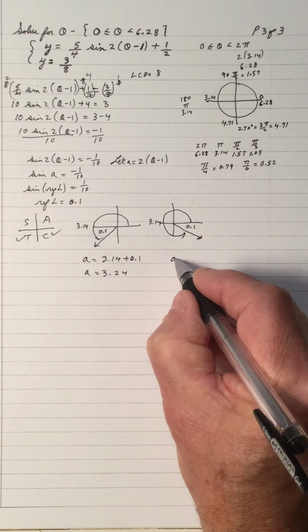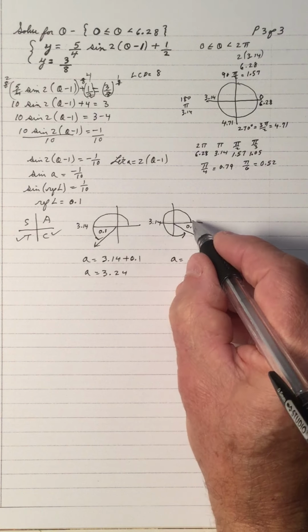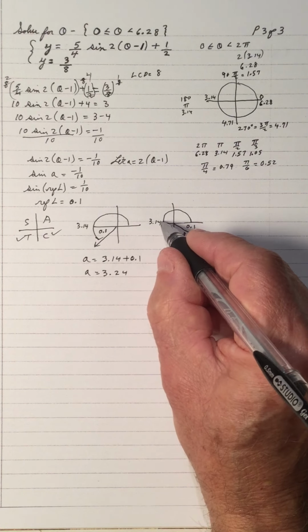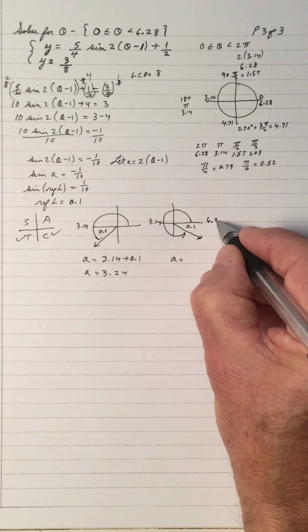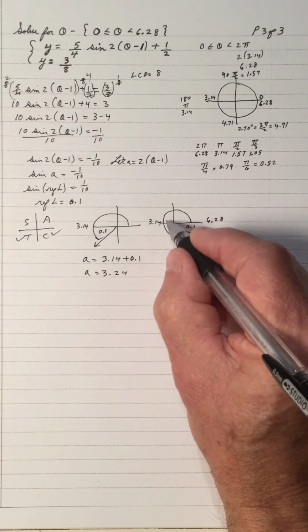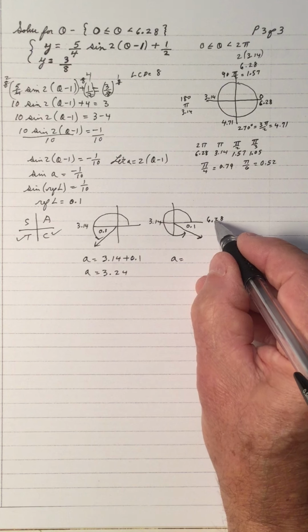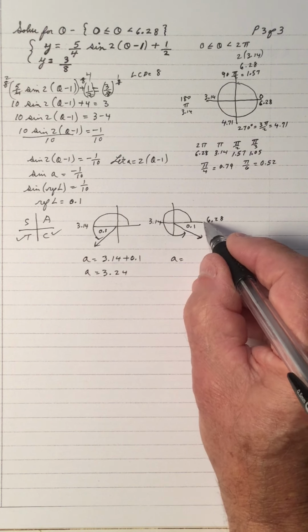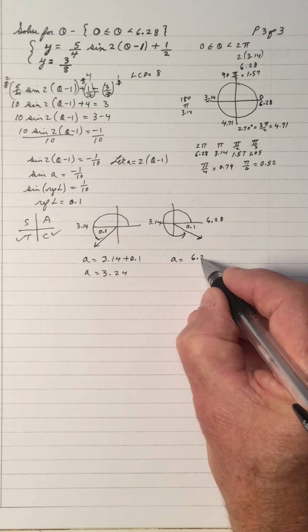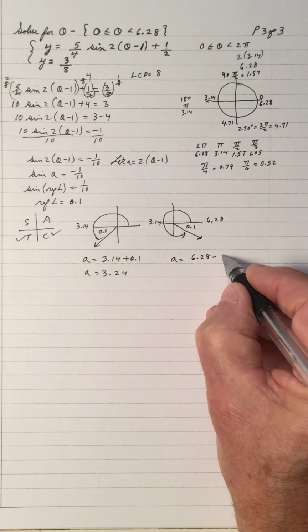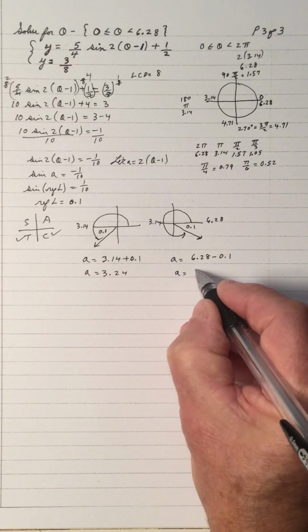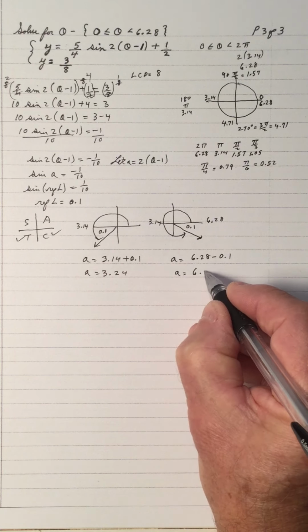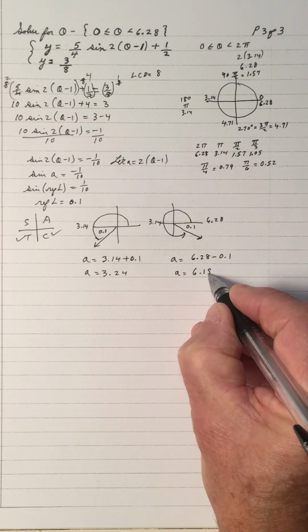And here, this is 3.14, but it's also 6.28 when you go all the way around. So instead of 360 minus the reference angle, it's 6.28 minus 0.1. So A is 6.18.